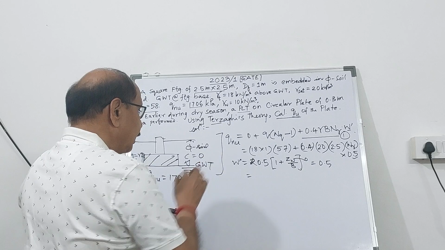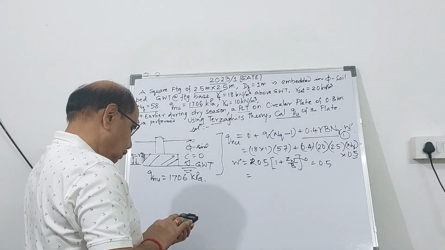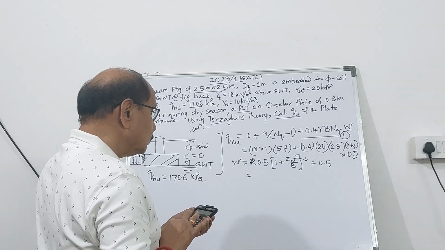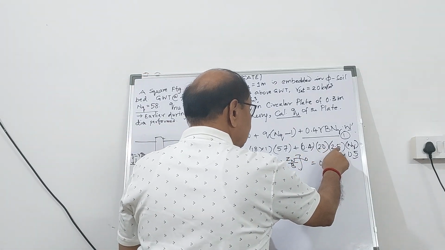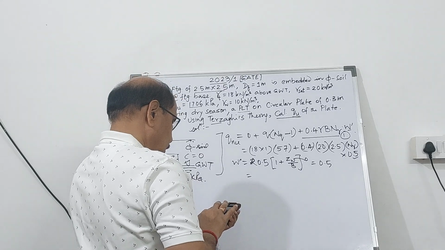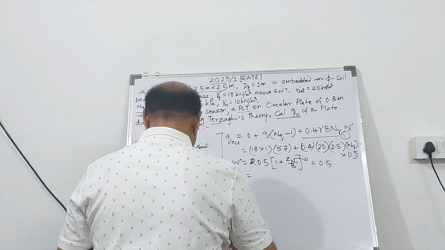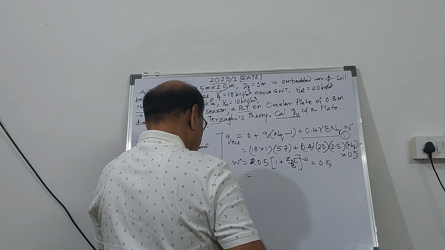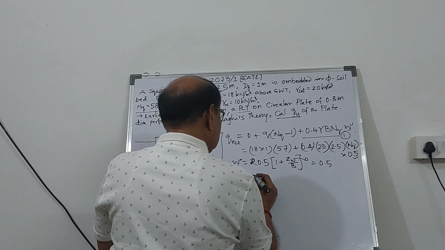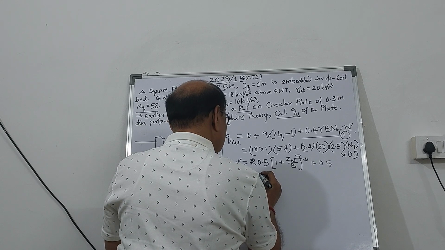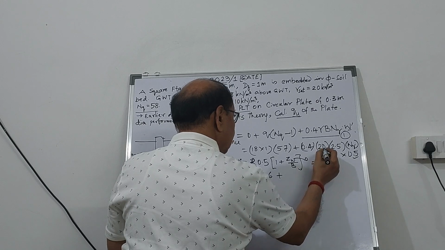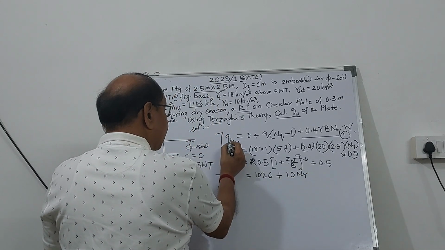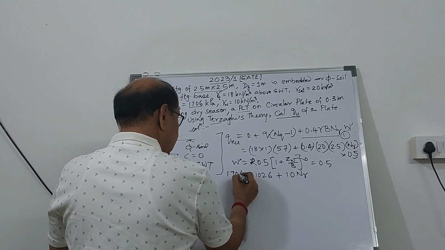So we will calculate it and we will get the value of N gamma. So 18 times 57 becomes 1026, plus this becomes 10 times N gamma, and the qnu value is 1706.